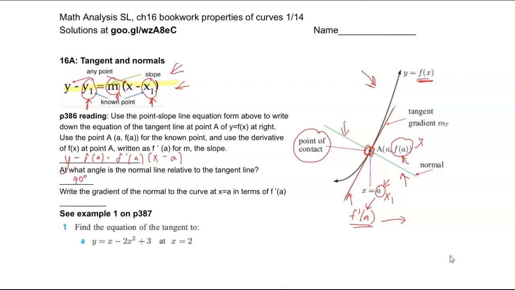I don't know if you remember, but the way you find that slope is you do the negative reciprocal of that slope. So we just do -1 over f dash of a. And that would be the slope of the normal. So we're going to put that here. We're going to write -1 over f dash of a. That is the gradient of the normal at x equals a.